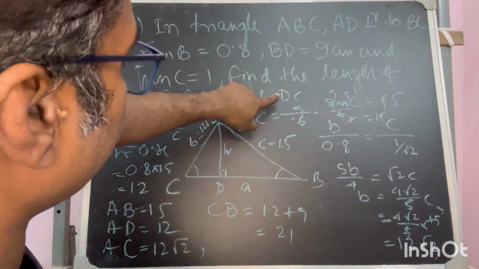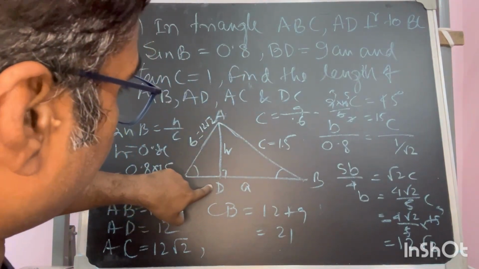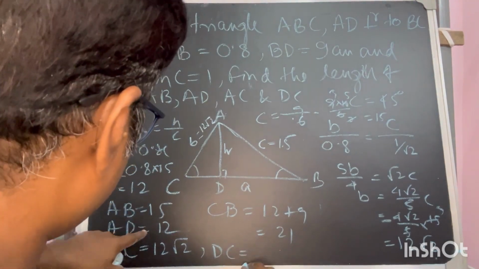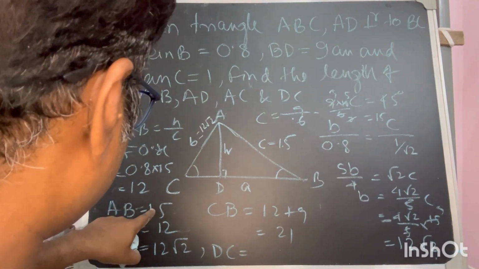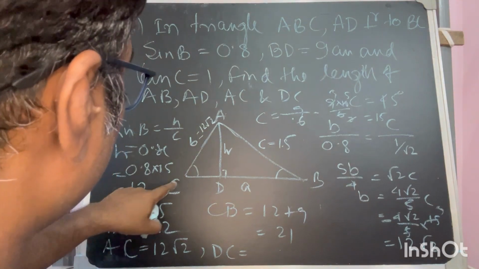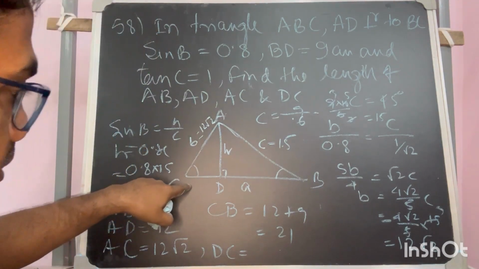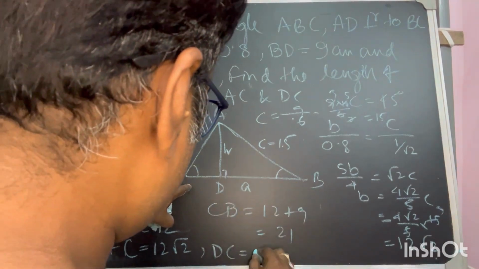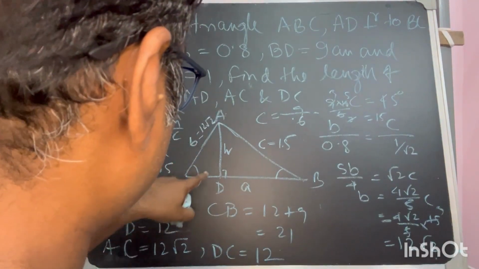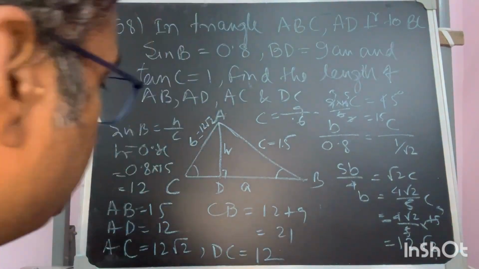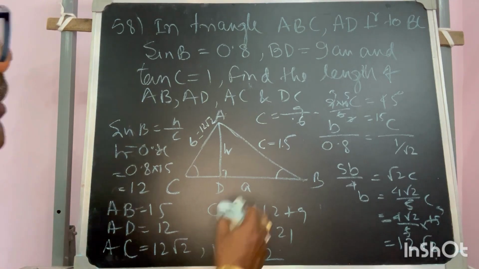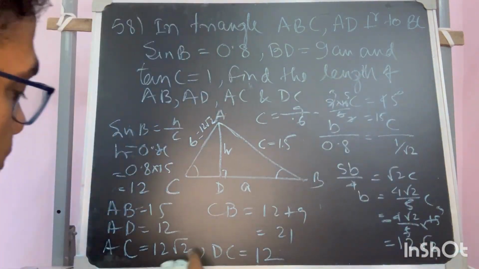And DC, we have just now calculated, that is 12, and this part DB is 9. So AD is 12, DC is also 12. These are the things that had to be calculated, so these are the values.